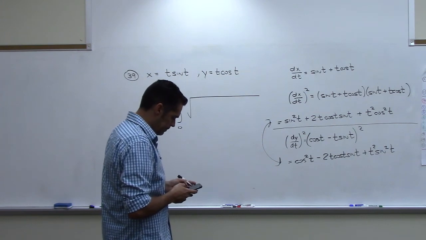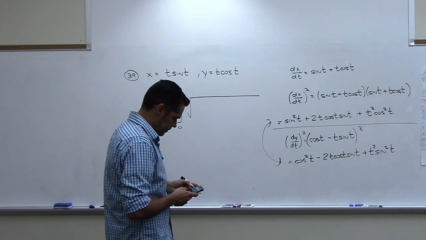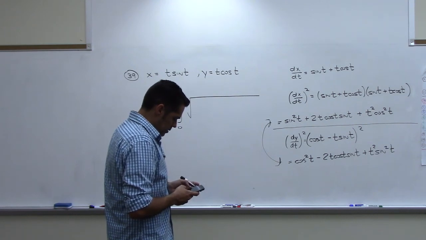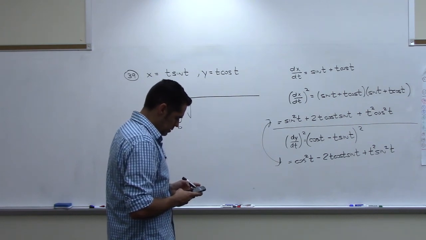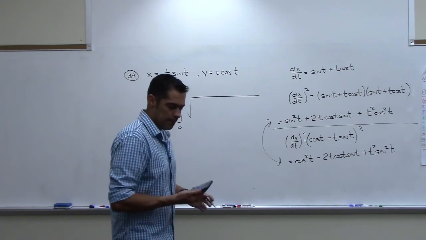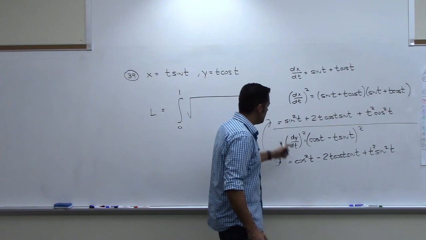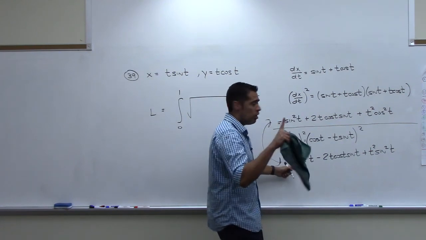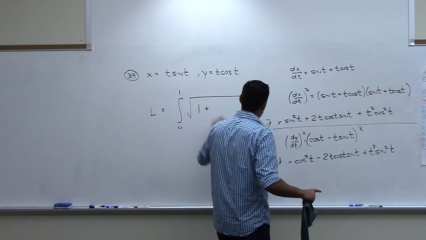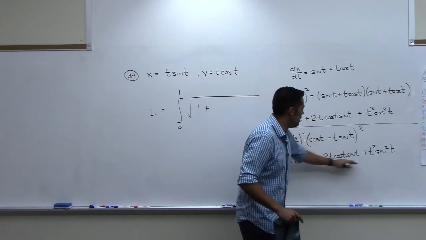I agree. Yeah, we're going to have an identity in there too. So we're going to have sine squared t plus cosine squared t, which is 1, plus, let's see, this right here and this right here cancel.